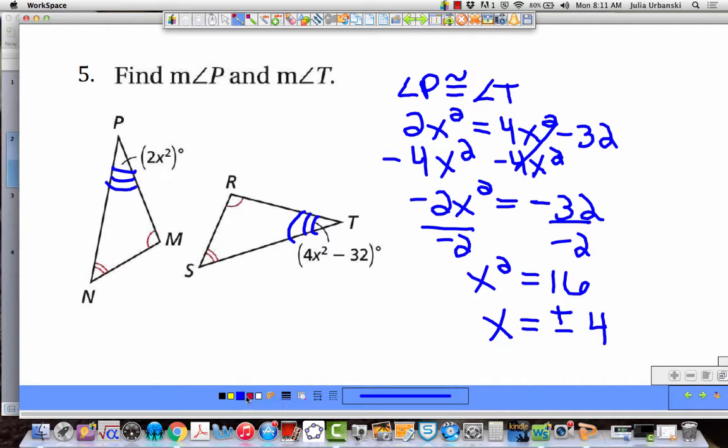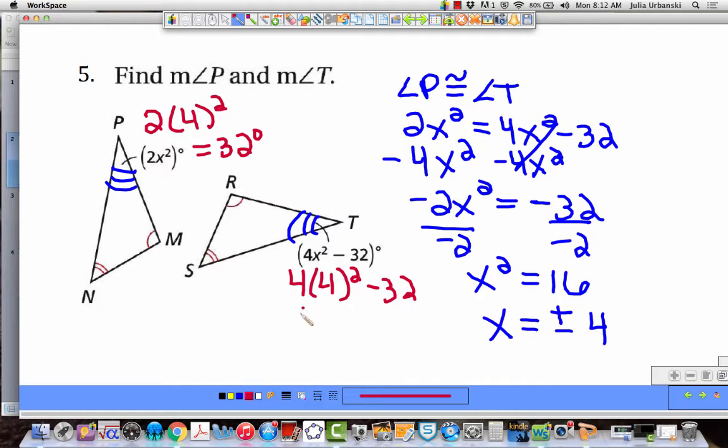Alright, so now angle P is going to be 2 times 4 squared. What do you do first? 2 times 4 or 4 squared? 4 squared is 16. 16 times 2 is 32 degrees for this one. Do this one. 4 times 4 squared minus 32. 16 times 4.